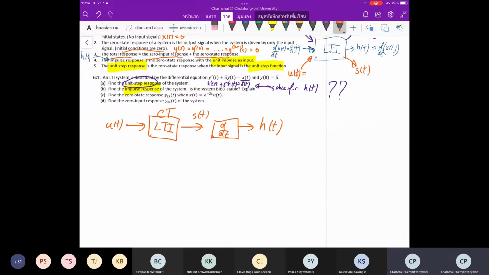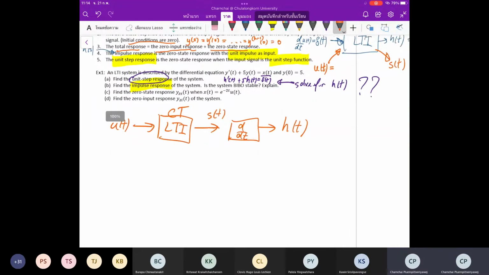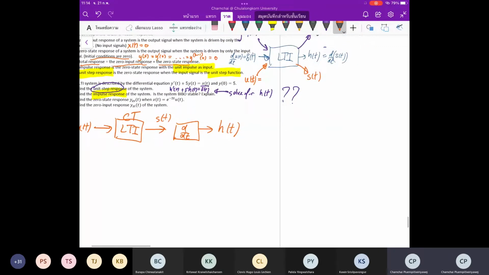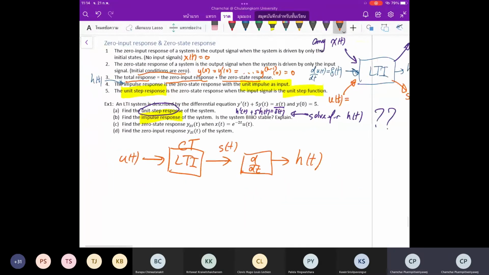How do we solve for the unit step response? There's a trick here too. This one needs background in advanced mathematics, which is why you're supposed to have passed advanced mathematics. Do you remember how to solve these differential equations?